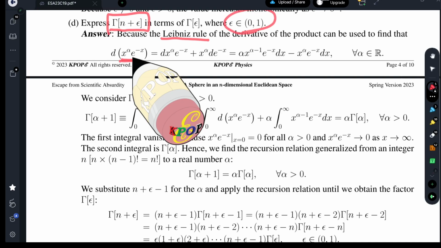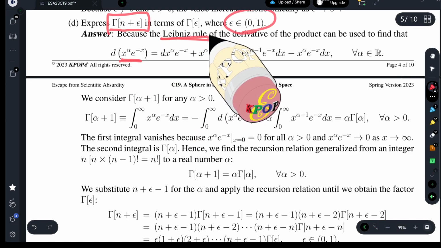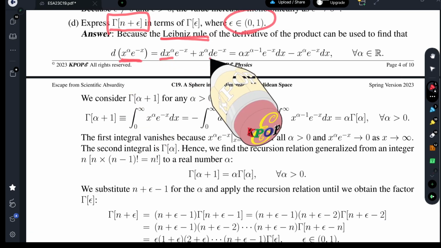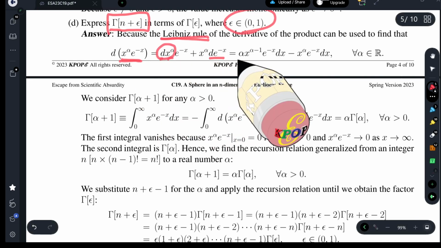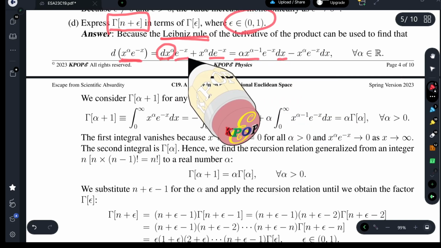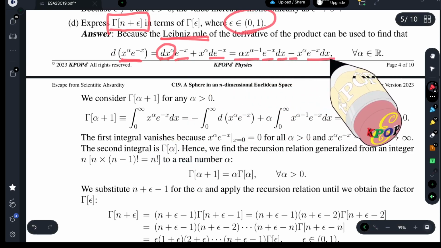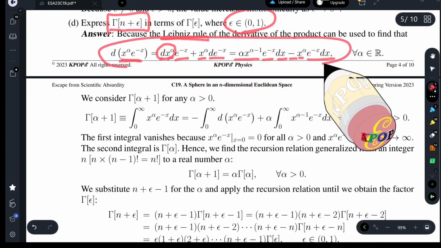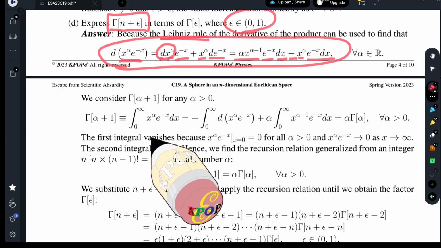If I take the derivative of this by applying the Leibniz rule, we have the differential of the first factor and the differential of the second factor. If we simplify, this differential is alpha x to the alpha minus 1 dx, and I copy this factor. This one is minus exponential of minus x dx, and I copy this factor. We make use of this relation to find the integral for the gamma function.